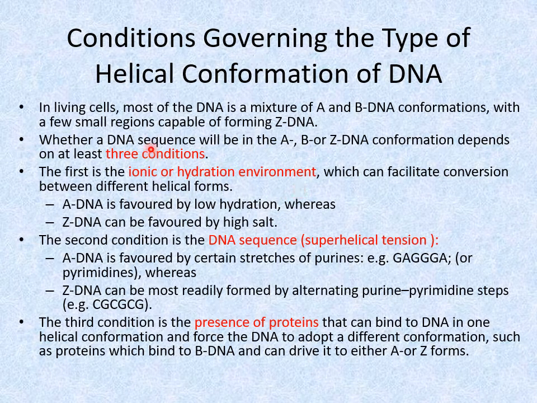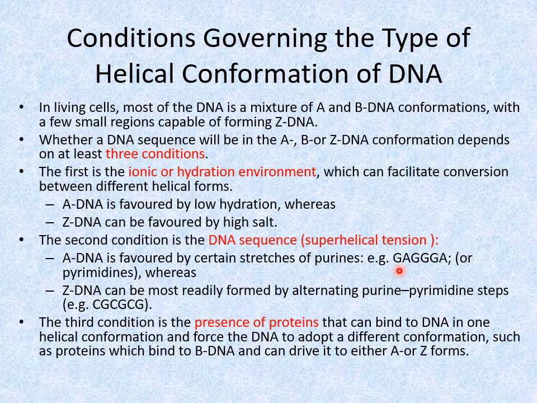When we say the ionic or hydration environment, the A DNA is favored by low hydration, while the Z DNA is favored by high salt concentration in the environment. Similarly, in case of DNA sequences, the A DNA is favored by certain stretches of purines, or in certain cases even pyrimidines.